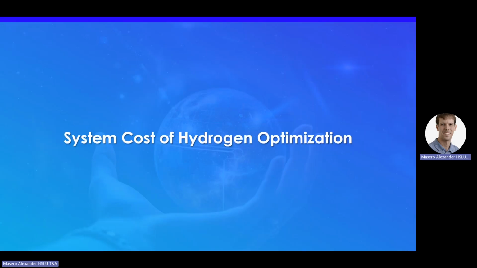And because that initiative is focused on low carbon, we are starting to look more and more into these types of optimization and dynamic models to understand the balance of plant components and considerations that are needed for these types of systems.